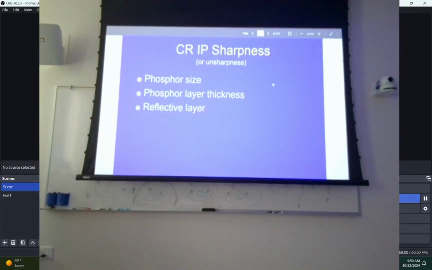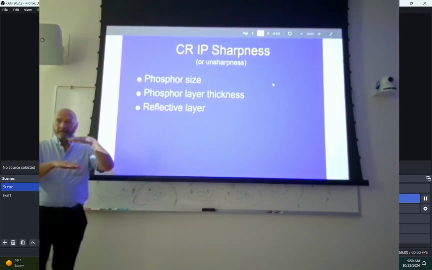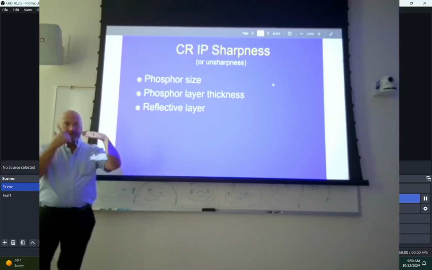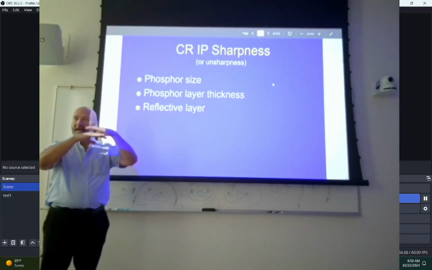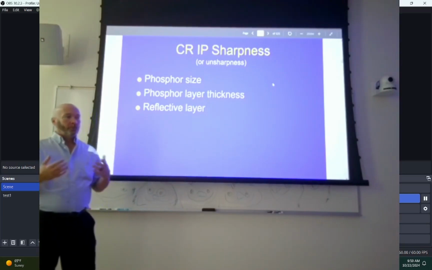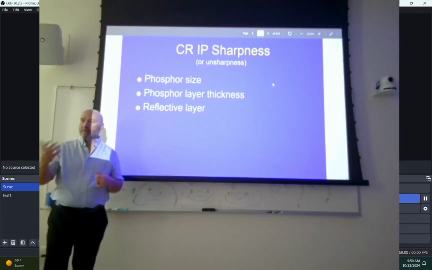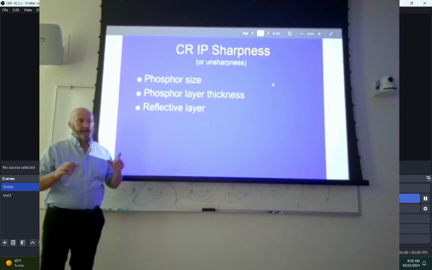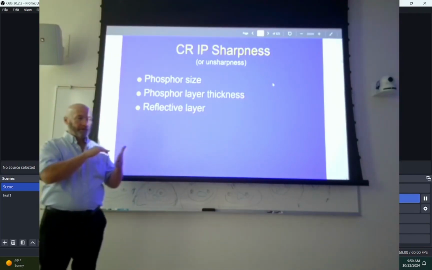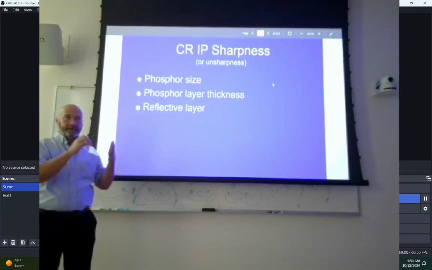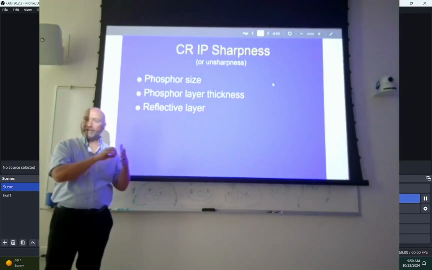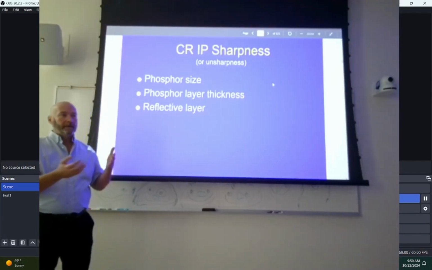Also, though, the thickness of the phosphor layer. So the thicker the phosphor layer, and this doesn't really apply as much with needle phosphors as it does with the powder phosphors, but if you've got them stacked, the way that we capture the image and the way we release that and read it is that metastability, that energy is released in the form of light.